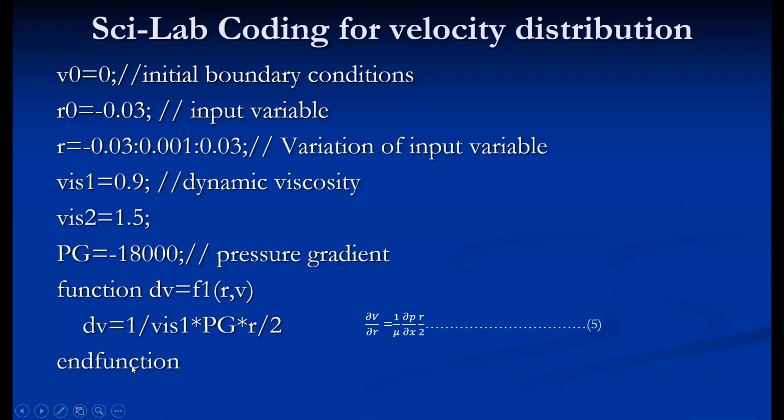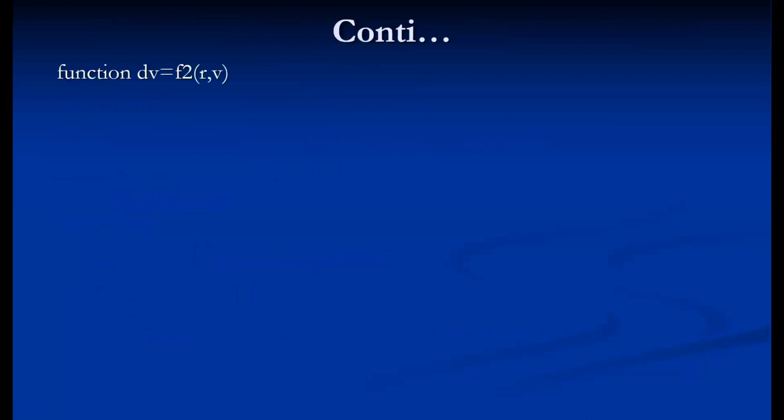Second, this is the end function, so we have closed this function, and we can see the 3-line program. The similar program we can write for the function f2, where for different viscosity dv is equal to 1 upon viscosity 2. So in that case, 1.5 viscosity will be considered, and end functions.